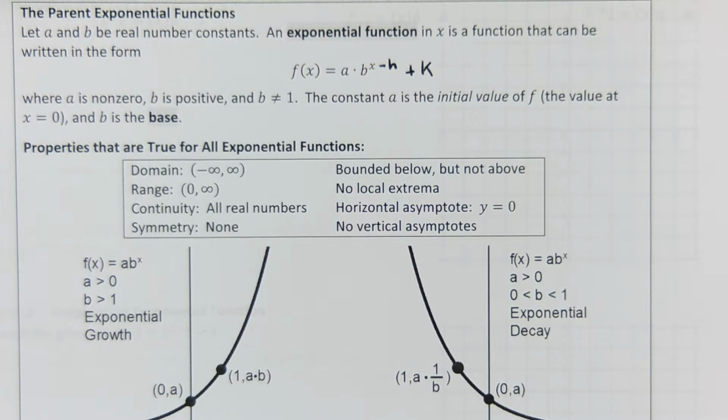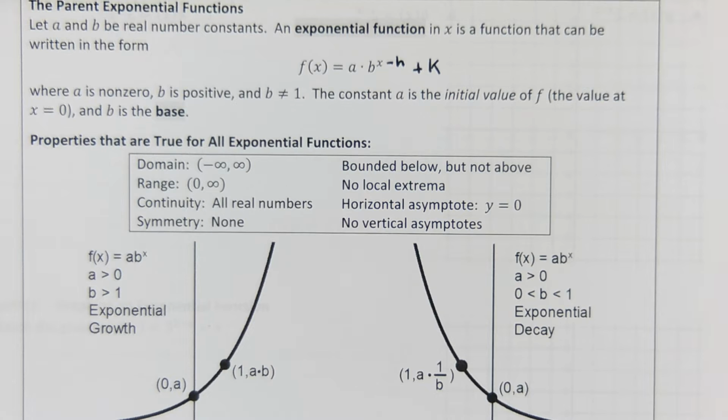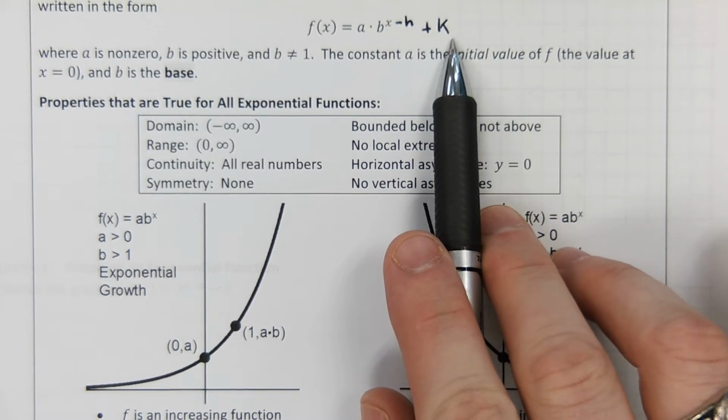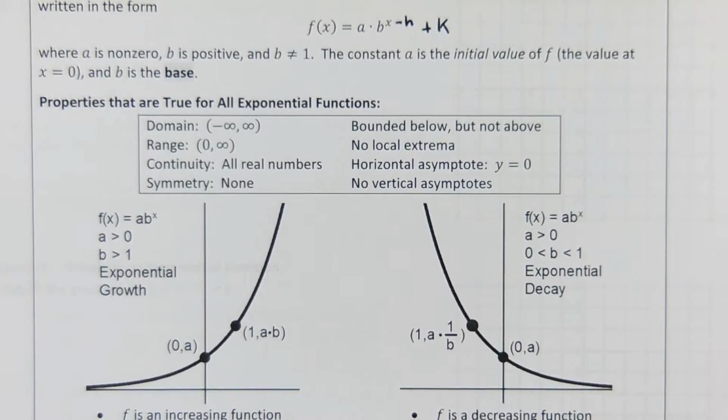The letters h, comma, k are the coordinates of the vertex of a parabola. Exponential functions do not have a vertex. However, h and k still represent the same kind of things. They're the horizontal shifting and vertical shifting of the parent function. That's what the letters h and k represent for us.